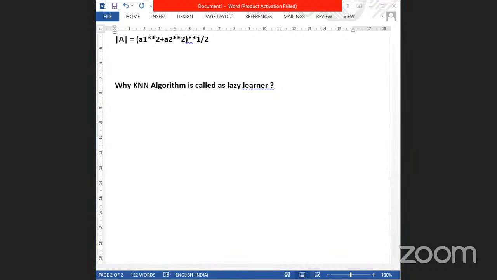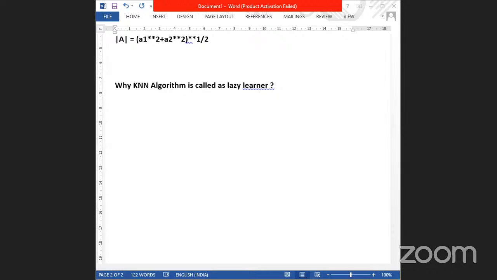Right, Akhil. So let me tell you about KNN. KNN is a non-parametric algorithm, which means it does not make any assumption on the underlying data. If you feed your model with some data, it will not make any assumption on that data, so there is no model building step.